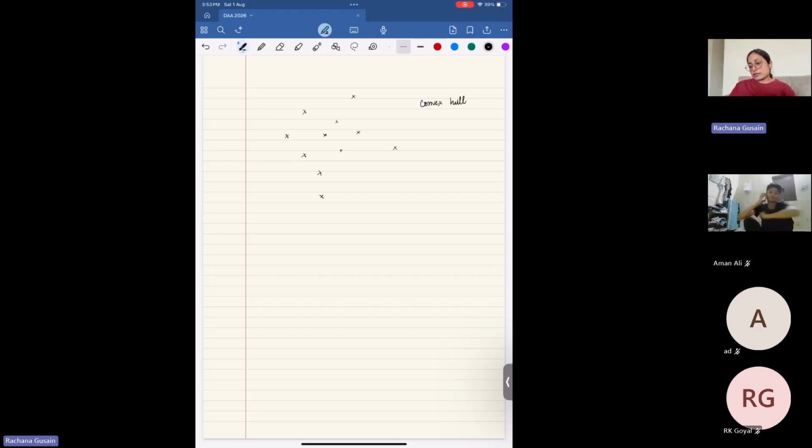What I mean by this is, imagine these points lying on a flat surface, and let's say you have some pins on these points.